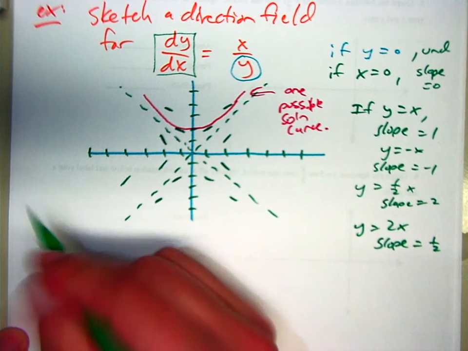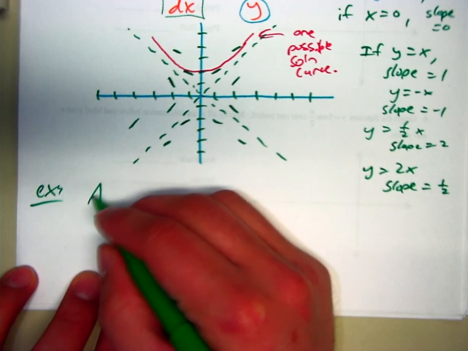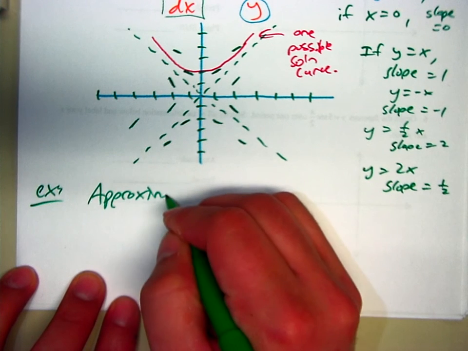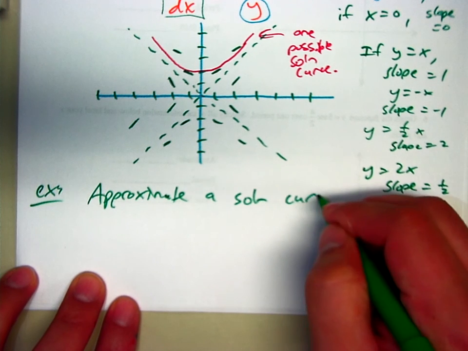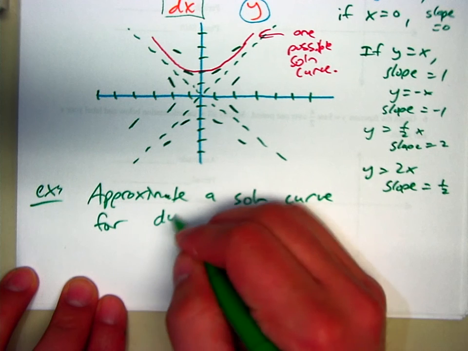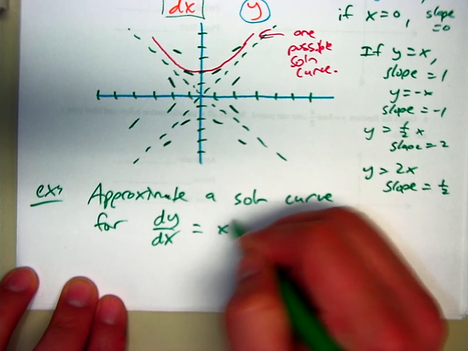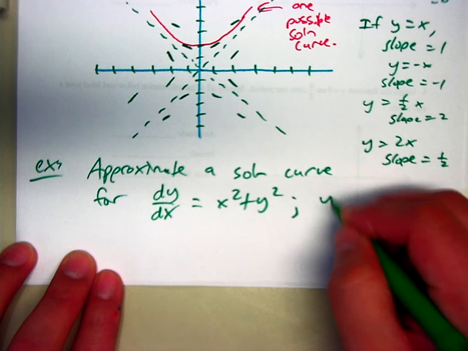Let's do one more. Why don't you guys do this one on your own? So do the whole thing. Approximate a solution curve for dy/dx equals x squared plus y squared. So we've already done part of this one.